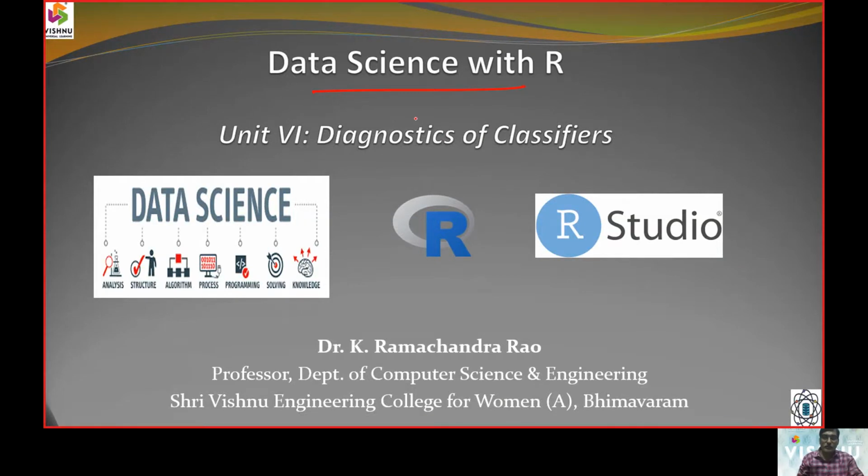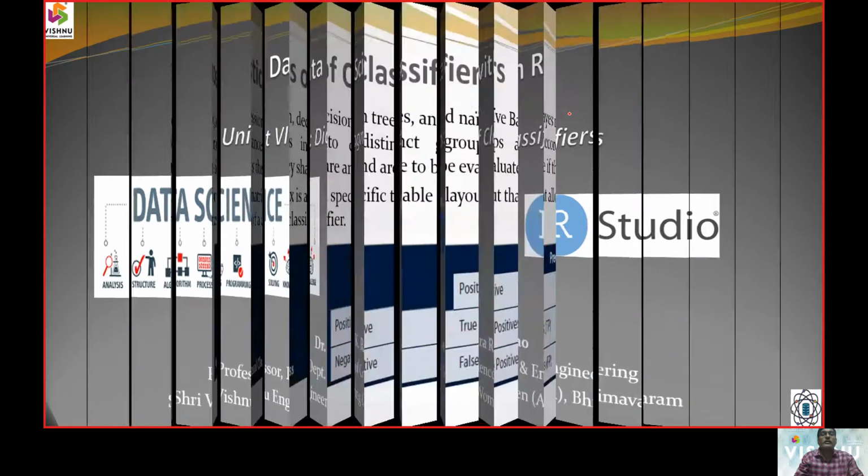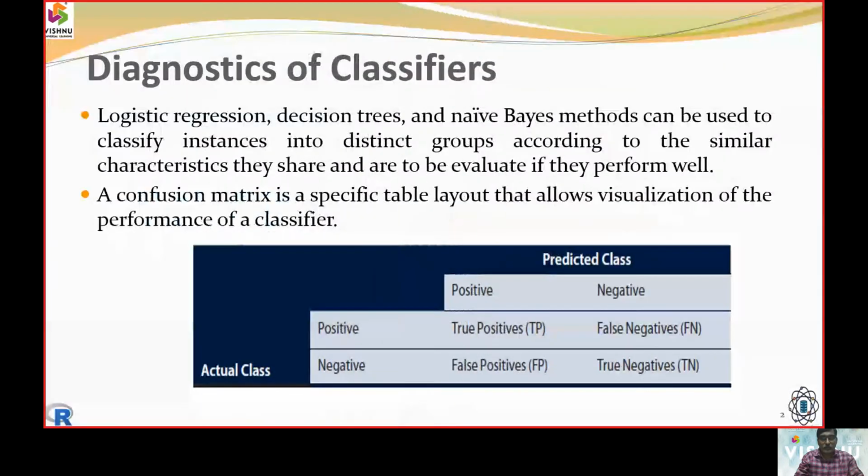Now let us look at the diagnostics of a classifier. The previous classifiers we talked about were linear regression, logistic regression, decision trees, and naive Bayes.